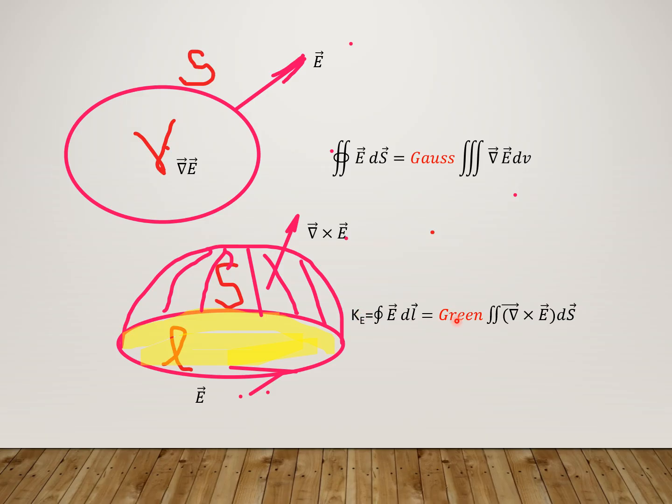And from Green theorem, we have the surface integral, not of a closed surface, but of the surface that is enclosed by this loop, of the pseudo vector del cross E dot dS.